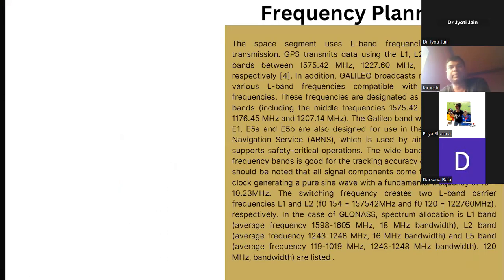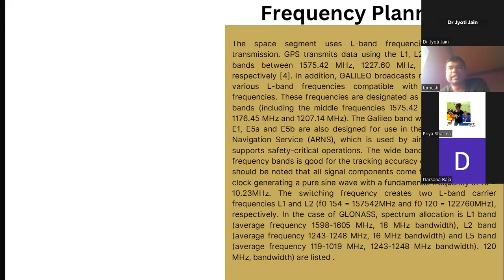After that, GPS transmits on the L1 band, L2 band, L5 band. L1 is 1575.42 megahertz, L2 is 1227.6 megahertz, and L5 is 1176.45 megahertz. Then that comes to the bandwidth.